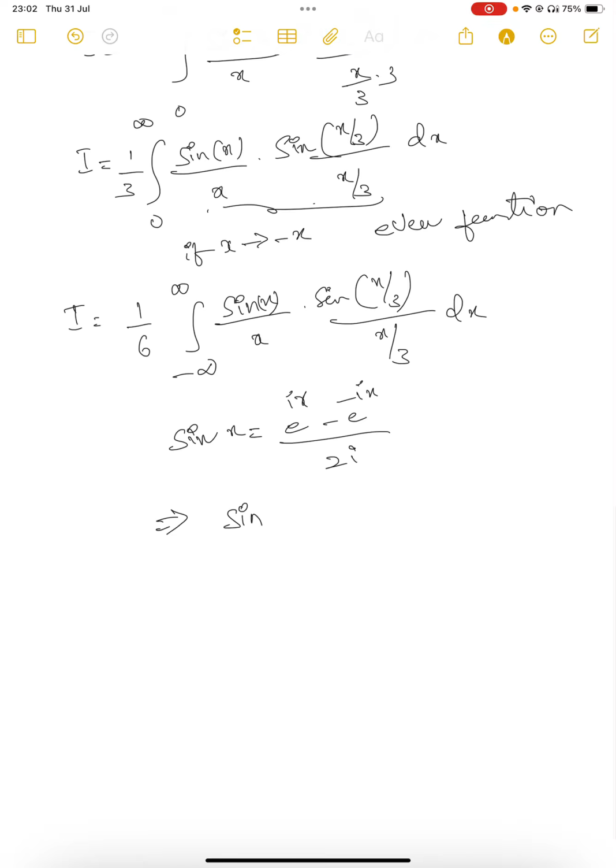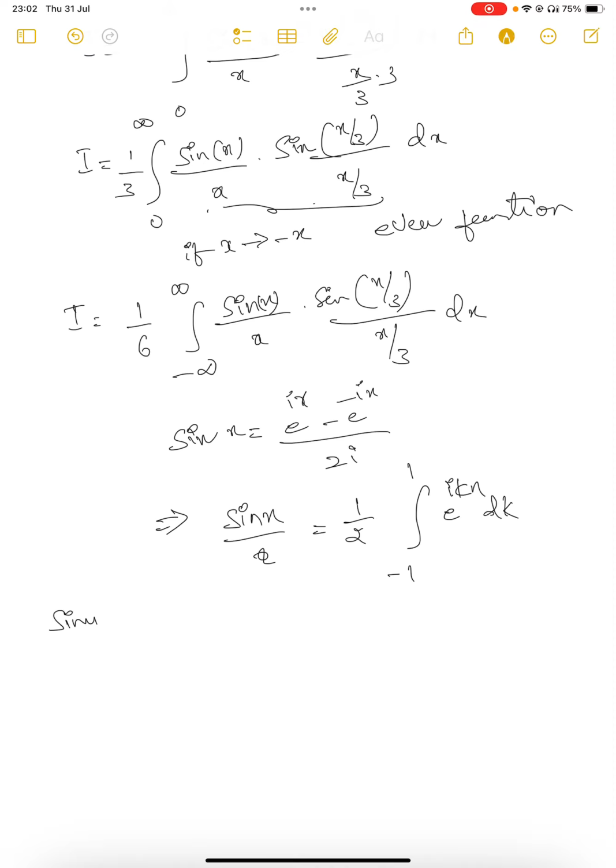Sin x by x can be written as half into integral of minus 1 to 1 e power ikx dk. As you can see, it will be e power ikx by ix, and because limits are 1 to minus 1, it will be e power ix minus e power minus ix by 2x. That's why there is no 2 there. That's why we have multiplied 2 here.